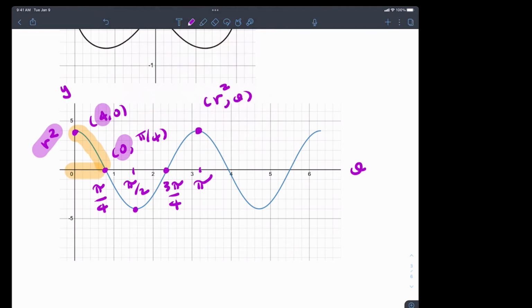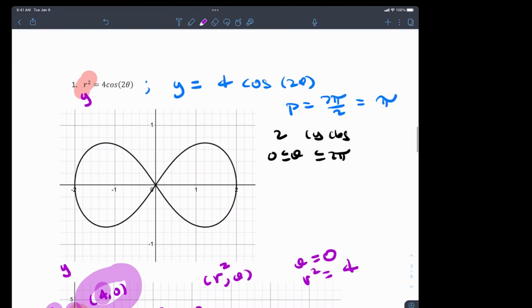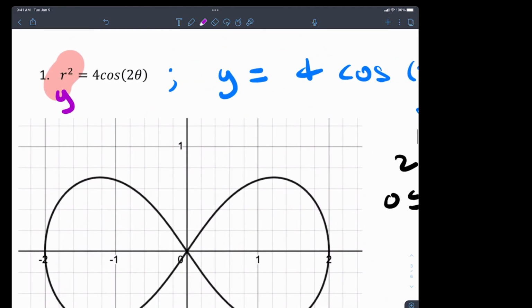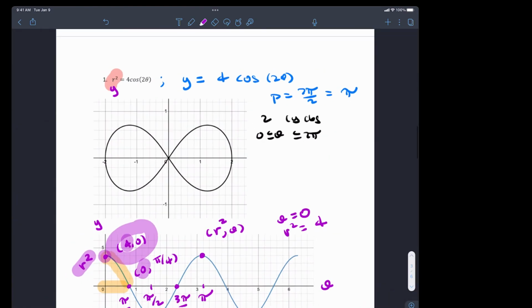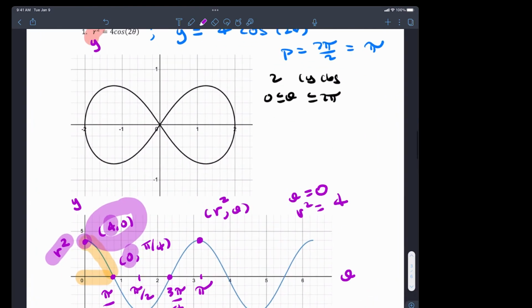I want you guys to notice this. When theta equals 0, what is r squared? R squared is 4. You with me on that? That's this first location here. That point is an r squared value because they give us this. R squared is 4. So when the square is happening, there's just a little bit more work.